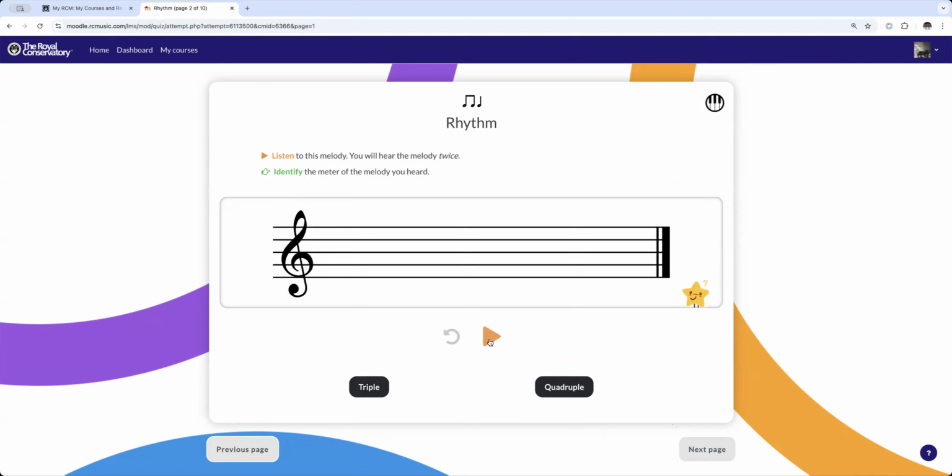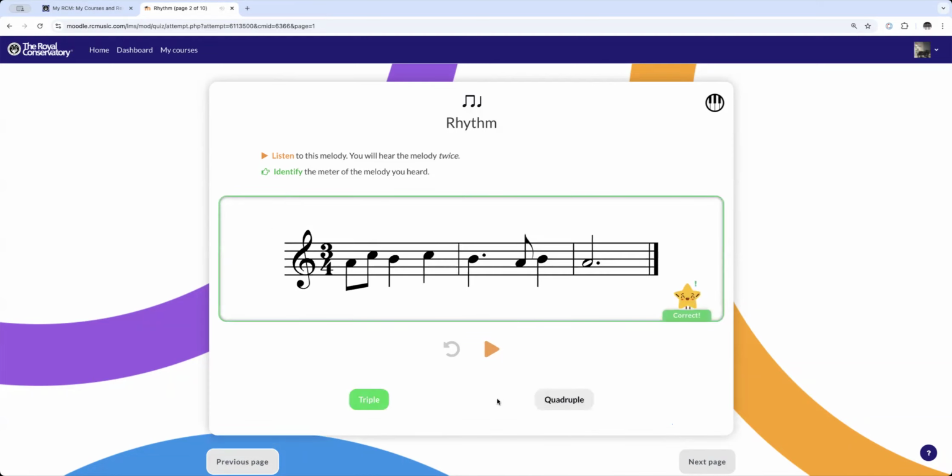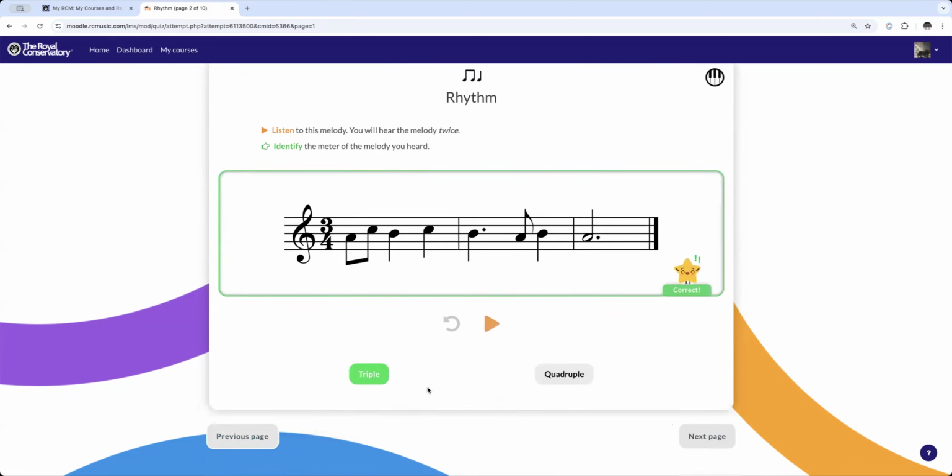Let's listen to it again. So which one is this one? Please answer. Oh, sorry about that. Yeah, this one's A, because if you can hear, the last note in here is 3 beats and that's it.